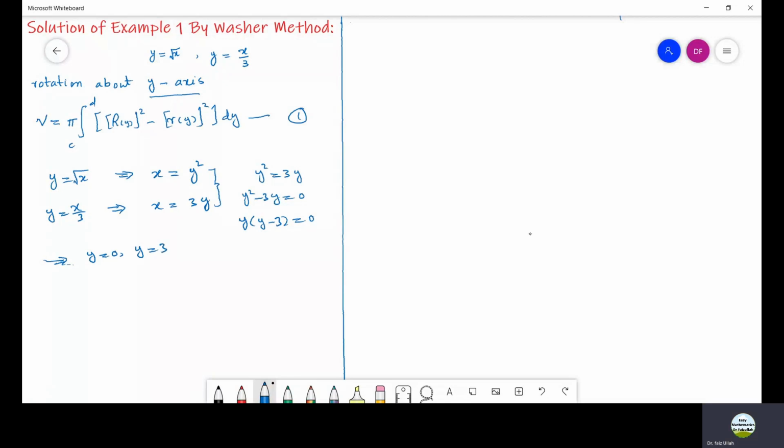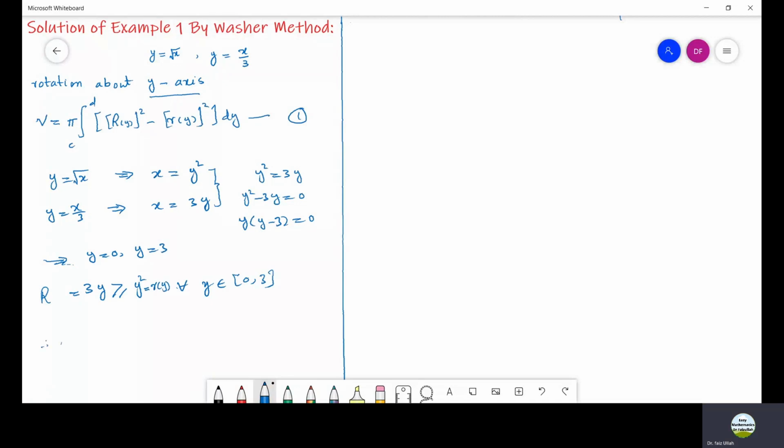Now we need to find the greater curve inside this interval. If we put in different values, we find that 3y is greater than or equal to y squared for all values inside the interval 0 to 3. So the bigger curve is denoted by capital R of y, and the smaller curve by small r of y.